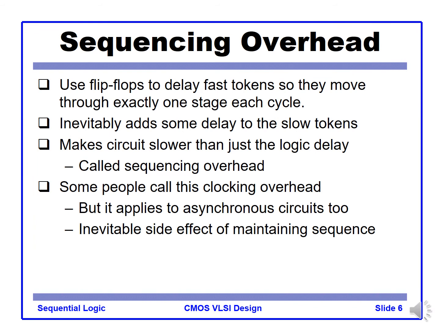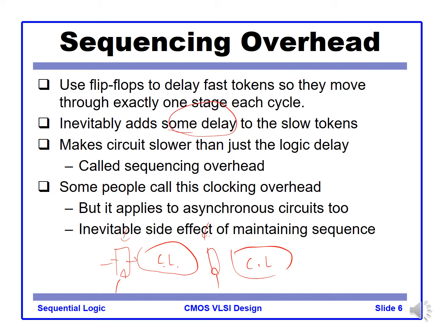So if you decide to do sequencing, like adding a flip-flop between the combinational logic, the overhead is the flip-flop, right? Such a flip-flop also adds some delay, so you have some overhead to the logic operation.